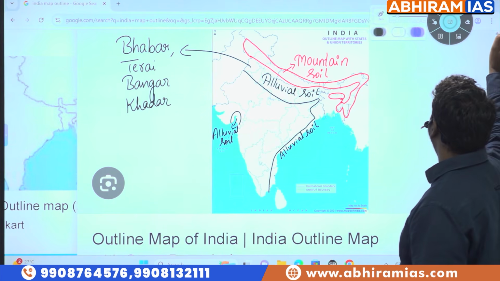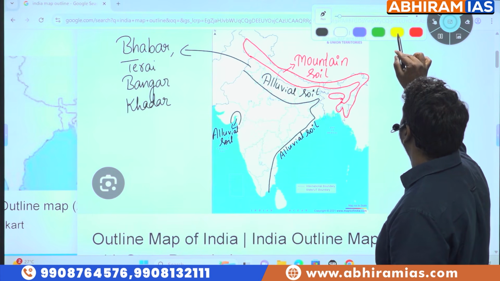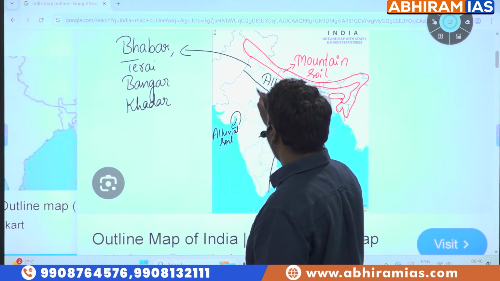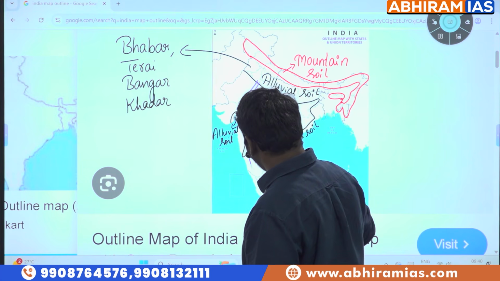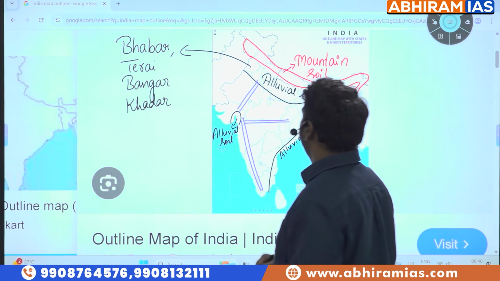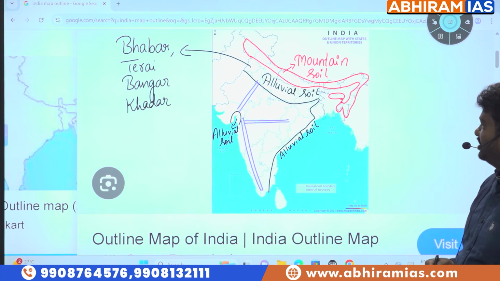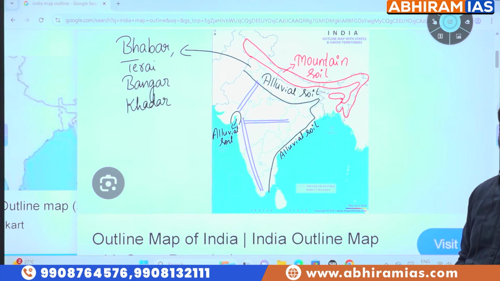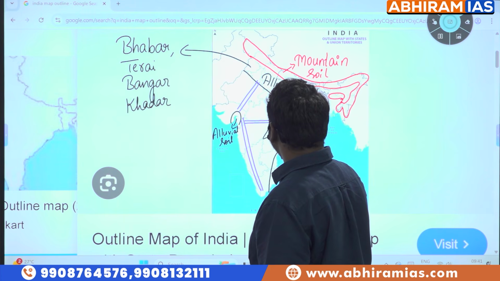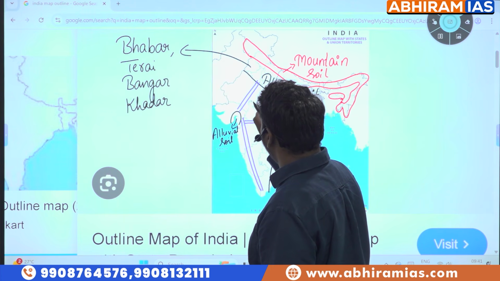Then, if you take the Vindhyas and Satpuras as a reference point, above Vindhyas and below Vindhyas you will have black soil. Okay, so which are above Vindhyas? Madhya Pradesh, Eastern Rajasthan, Gujarat.